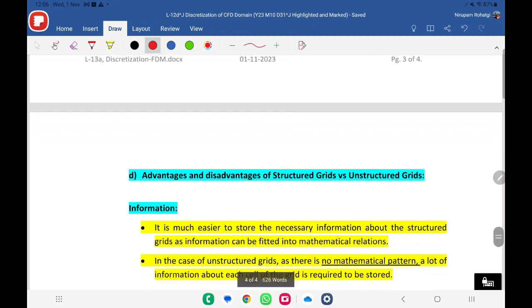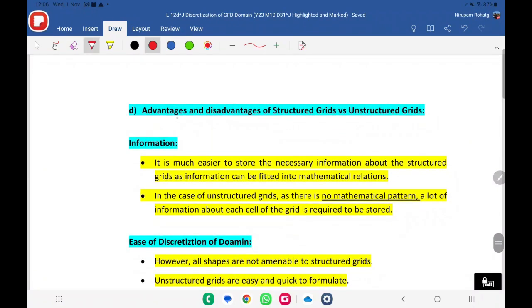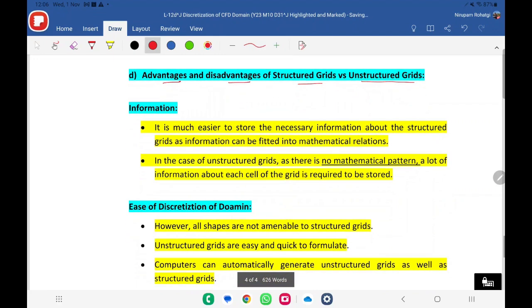now we talk about what are the advantages and disadvantages of structured grid versus unstructured grids. So both have their relative advantages and disadvantages. As far as information is concerned, it is much easier to store the necessary information about the structured grid, as information can be fitted into mathematical relations.